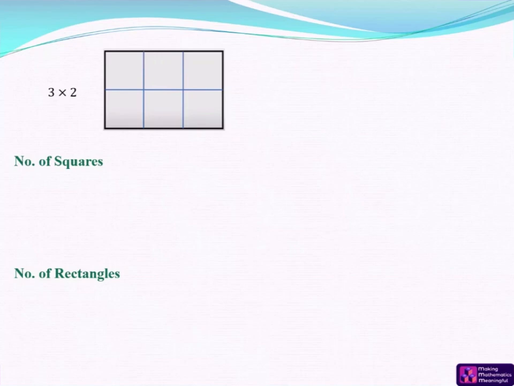For 3 by 2, for the number of squares, you just write this 3 by 2, plus subtract 1 from this number and 1 from this number. We'll get 2 by 1. If you arrive at one of the numbers as 1, just stop and simplify.